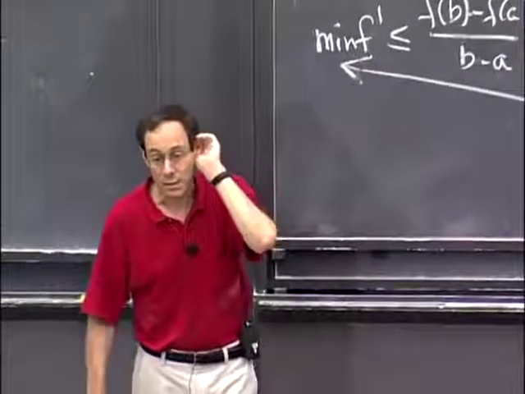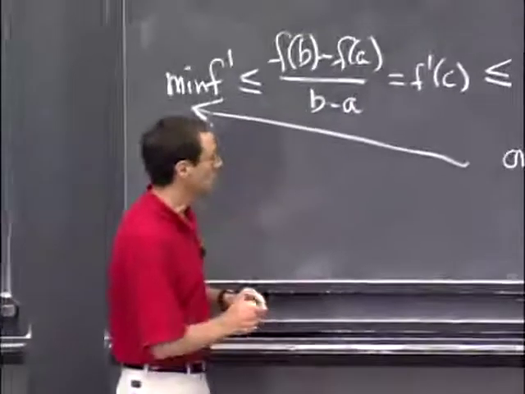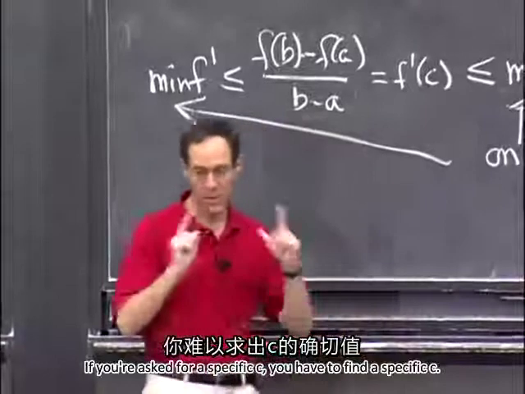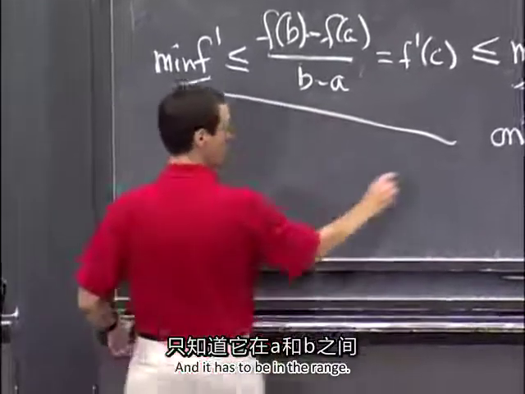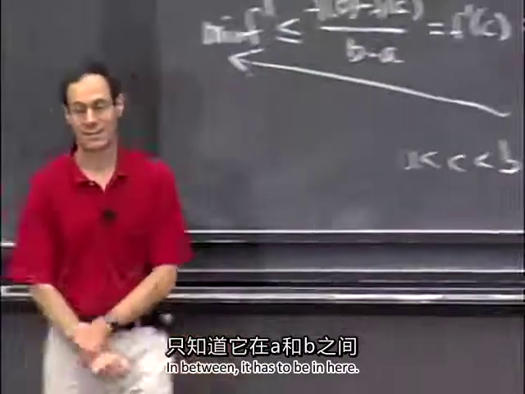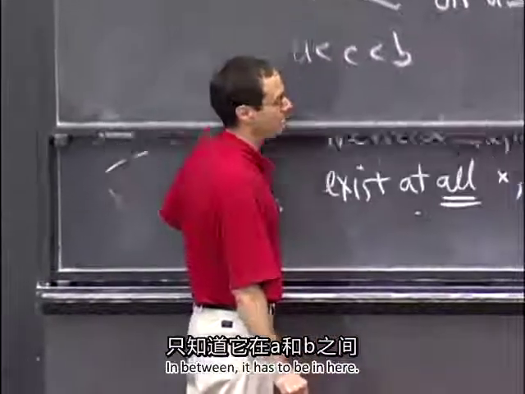Sorry, say that again. If you're asked for a specific c, you have to find a specific c, and it has to be in the range in between. It has to be in here. Okay. All right.